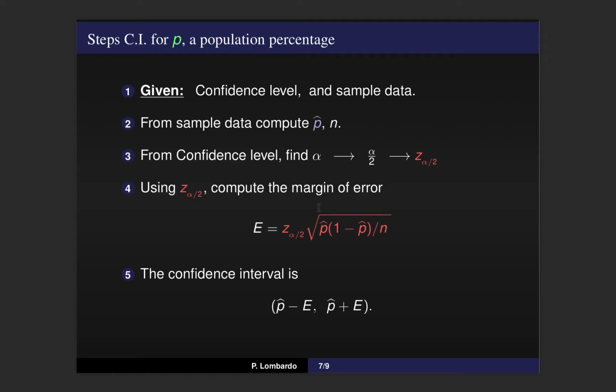But we have nice formulas for this, and these formulas are provided on each one of the exams. And then finally, you create your confidence interval by using your point estimate, which is your sample version of the parameter you're trying to estimate. And then we subtract, or we add, the margin of error to get either the left or the right-hand point. So this is consistent whether you're doing a confidence interval for a mean or for a population percentage.